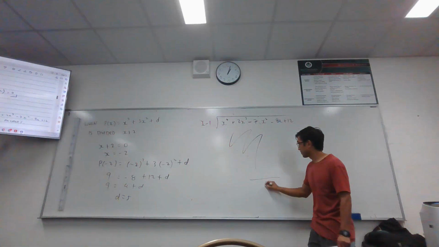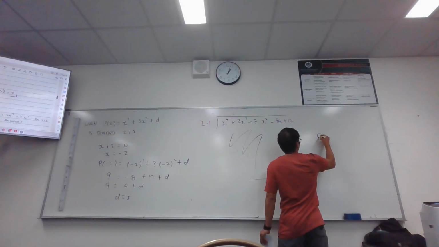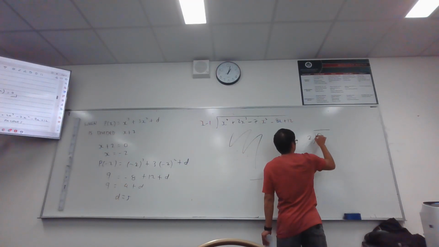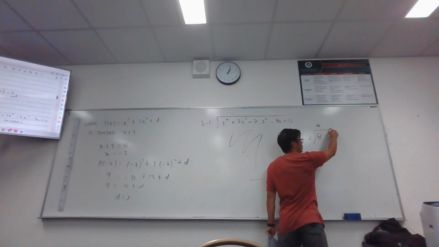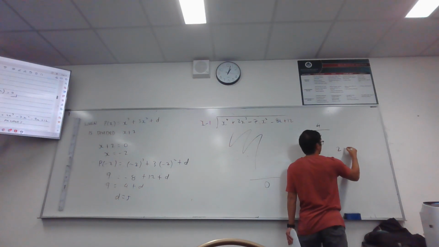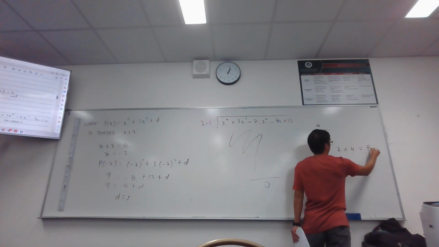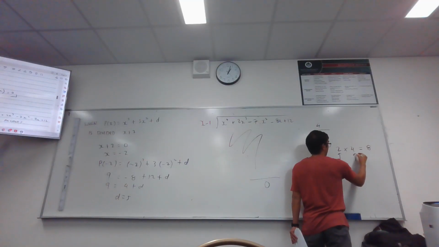0. Thank you, Zach. What do we mean? 8 divided by 2 is 4. There's no remainder. So we know that 2 times 4 is 8, no remainder. These are factors. We've proven because no remainders.